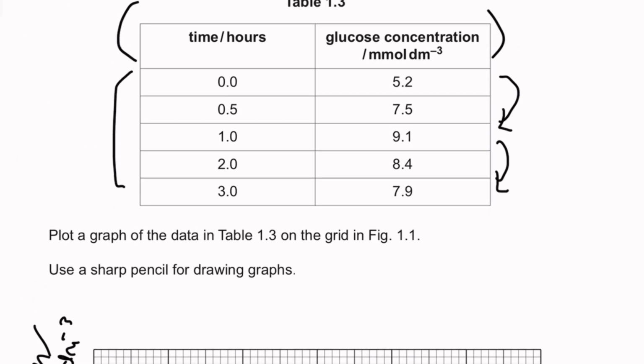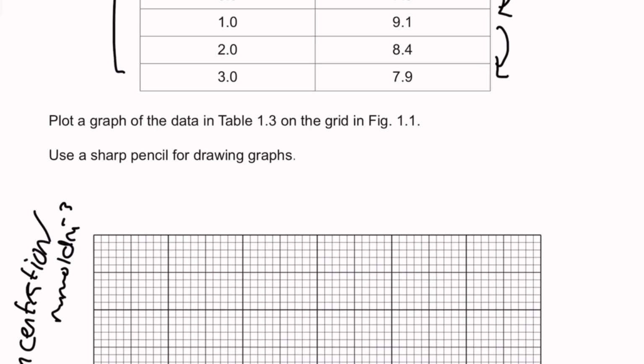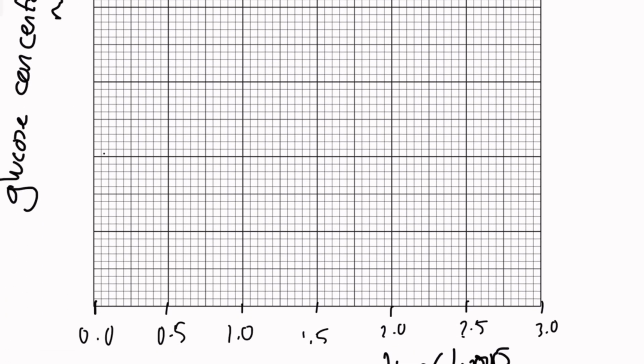Yes, okay. Then I have these values, 5.2, 7.5, 9.1, 8.4, 7.9. So they're all in the range between 5 and 9. Let's see how many blocks I have. I have 1, 2, 3, 4, 5 blocks. So I can go 5, 6, 7, 8, and then 9 and 10, if I skip by 1.